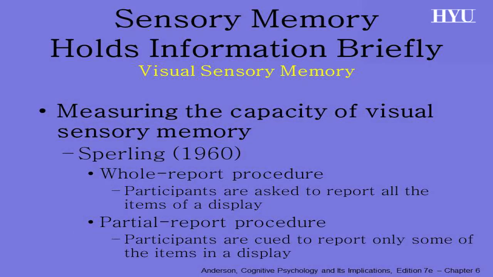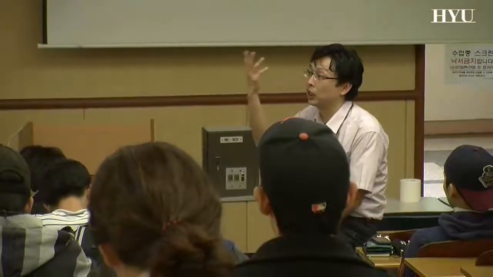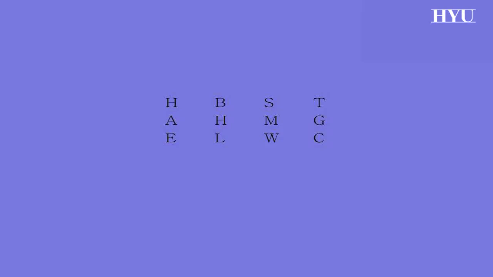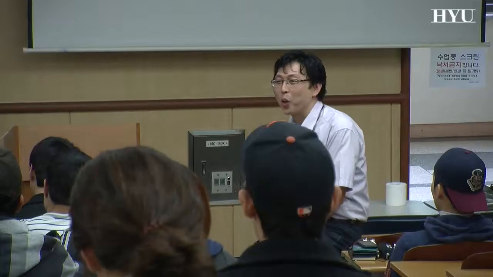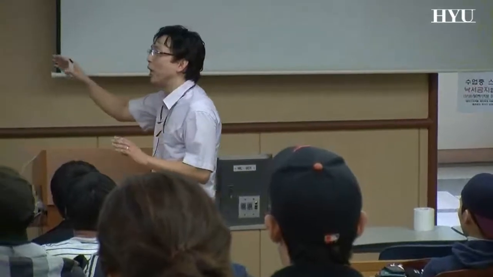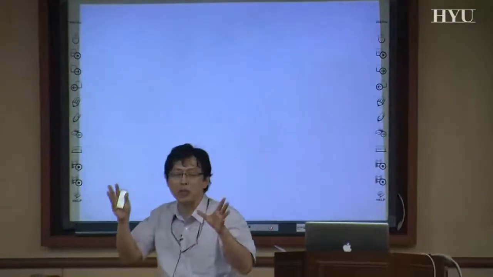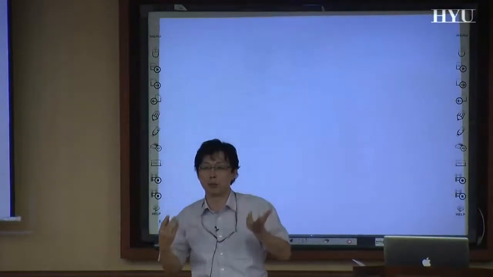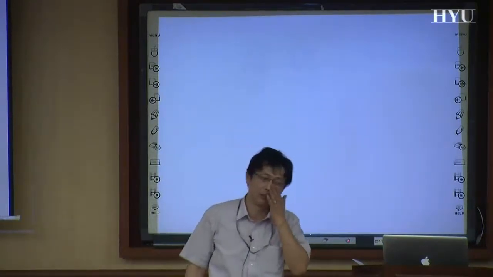What he did is two things. His first experiment is this one. Show these 12 letters, four letters in three rows, to participants and see how much they can remember. That is his first experiment.